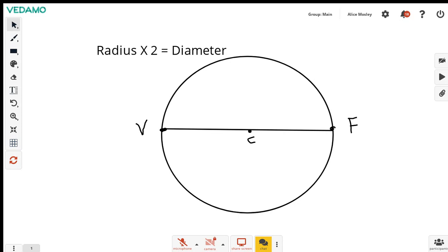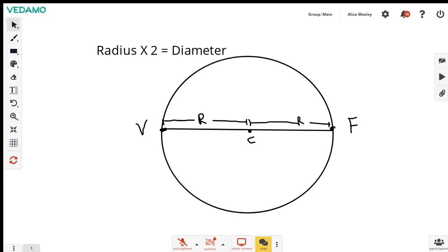Obviously, this diameter is equal to 2 radius, because V to C is R, and also C to F is R, because all the points on the circle are at distance R from the center. So the distance from V to F is R plus R.